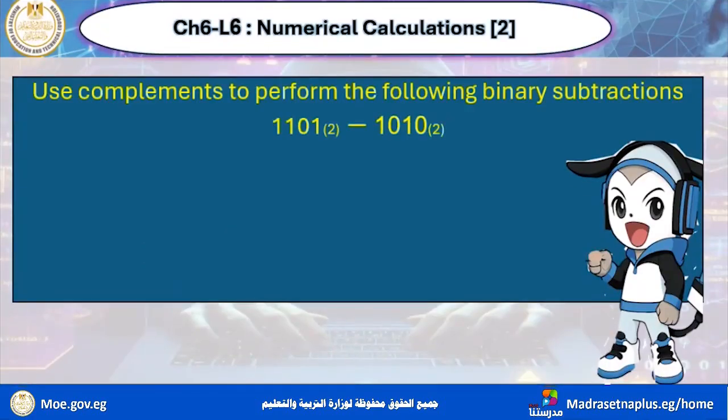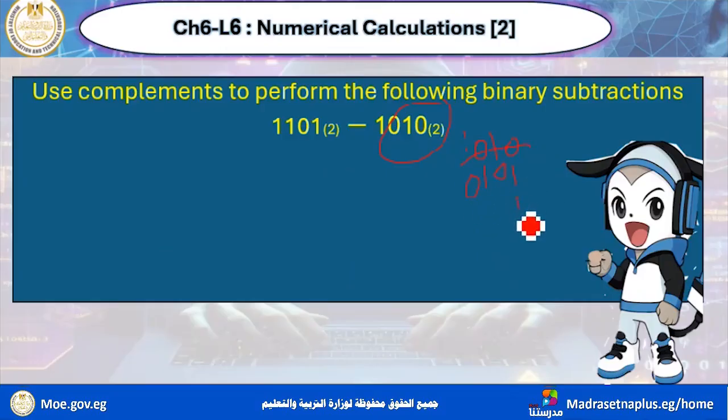Now use the complement to perform the following binary subtraction. First, give the complementary of this number 1, 0, 1, 0. Invert zeros to ones and ones to zeros. 0, 1, 0.